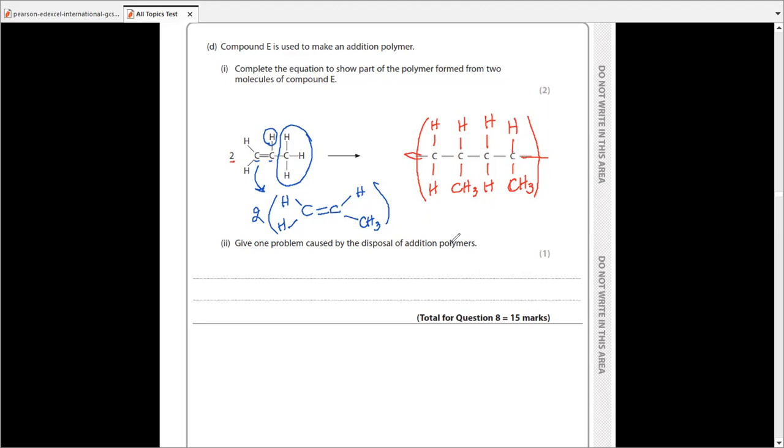Okay. Sometimes students also put an n over here. Since there is a 2 over here, writing an n won't make sense. So this would be good now without writing the n. This would be just 2 molecules of a very big polymer. So this is just a depiction.